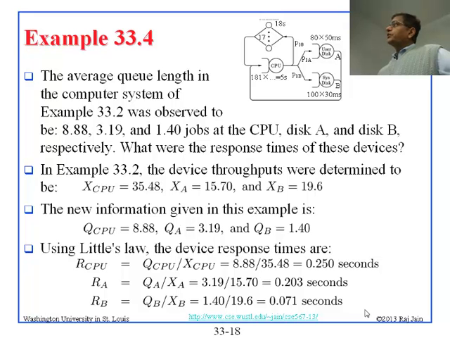One is you have to wait in the queue, and then you have to get served. Previously, when we said SA, that was 50 milliseconds, that was the service time. But now we are saying that the total time from when you enter to when you get out is 203 milliseconds. That is the response time. Response time is entry to exit. But the service time is only 50 milliseconds.